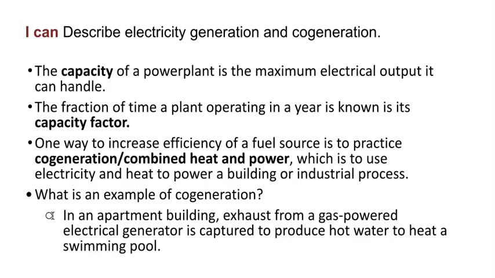A lot of times energy is lost as heat. Well, can you use that heat for something? Instead of just going into the atmosphere and being lost as something useful, remember energy is never lost, but lost as something useful for humans, let's take that heat waste and use it somewhere else.